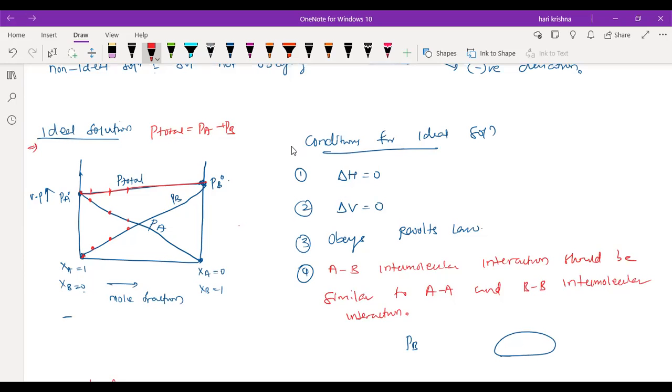So these are the four important conditions required for ideal solutions. Delta H should be equal to 0. What is the meaning of delta H? Enthalpy change. So change in enthalpy should be equal to 0. Change in volume should be equal to 0. It should obey Raoult's law. AB intermolecular force should be equal to the AA and BB type of interaction.